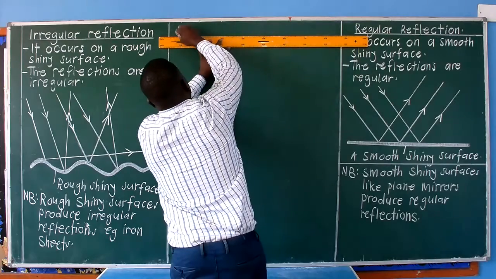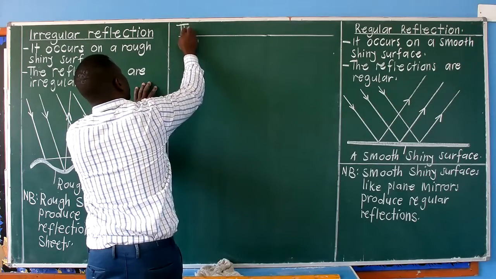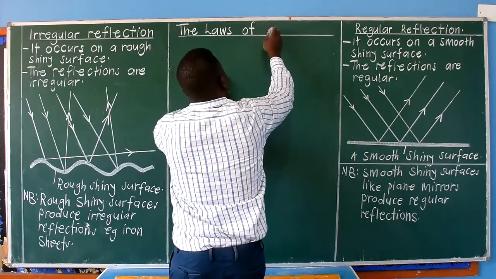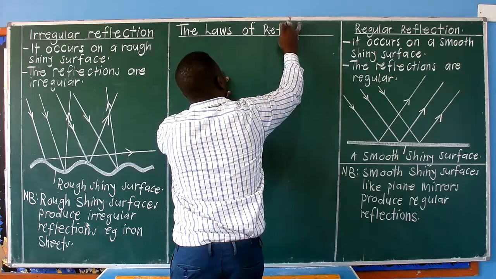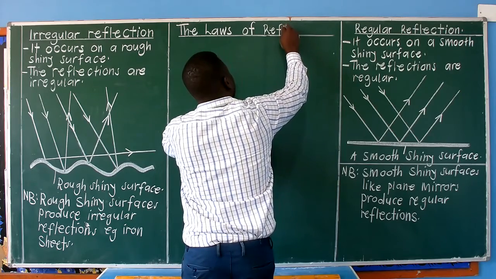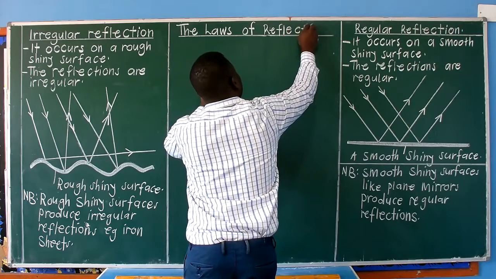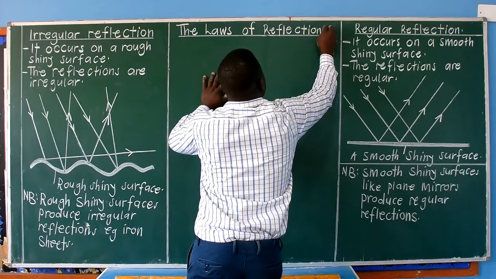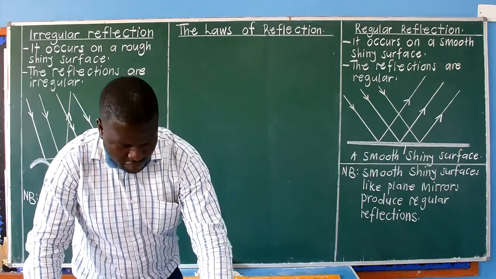So reflections have laws. We have around 4 laws of reflection.